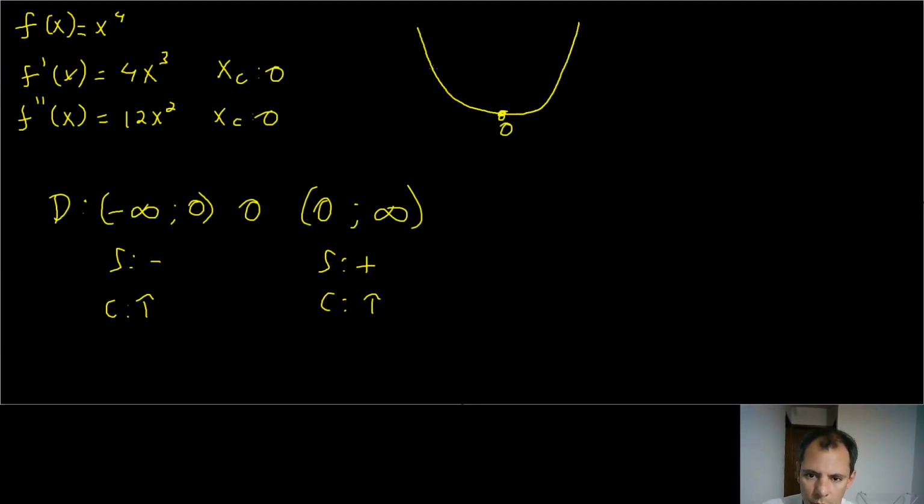Now, here you got an up concavity, and here you also got an up concavity. So this thing here, the 0, is not a point of inflection, but it is a minimum according to the first derivative test. Here you got a negative slope, and here you got a positive slope. So this is a minimum. Okay?